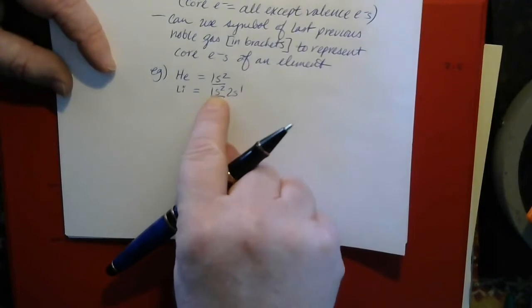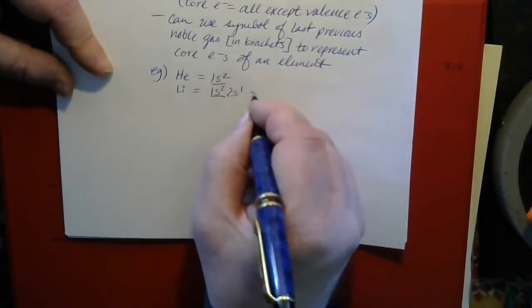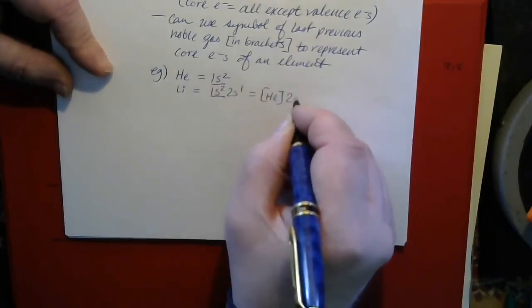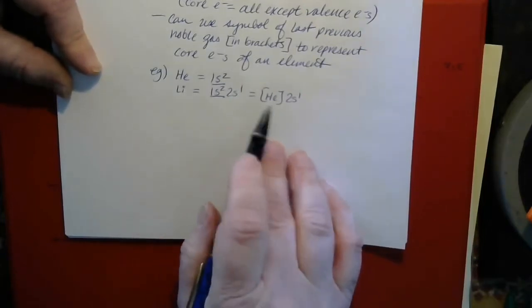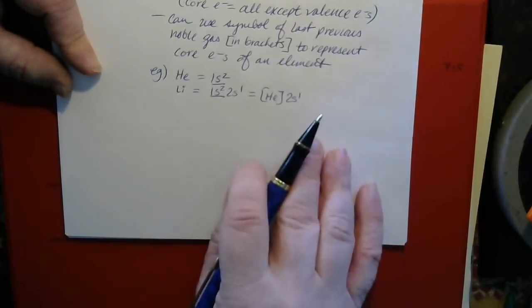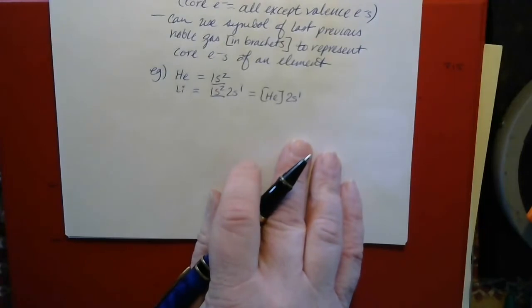Notice how the inner shell has the same electron configuration as helium. So you could write that as He in brackets, followed by whatever lithium has beyond what helium has, which is 2s1. Now, of course, in this case, you didn't really save yourself very much effort by doing that. But there are future cases, with other bigger elements with more electrons, where you can actually save yourself quite a lot of work by doing that.